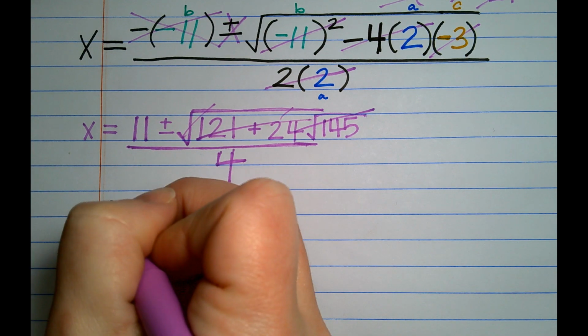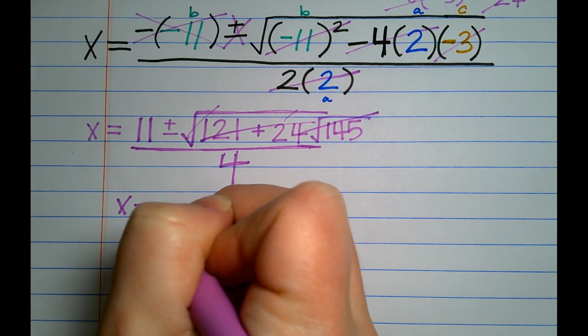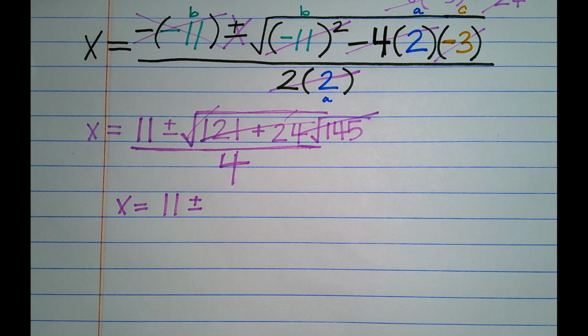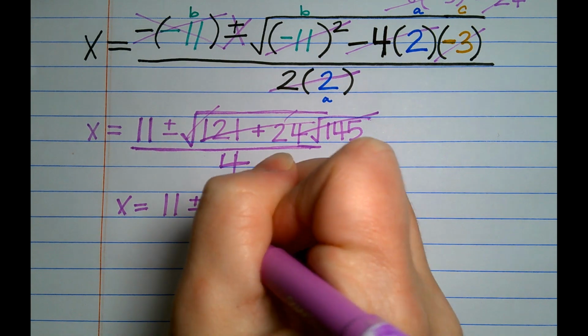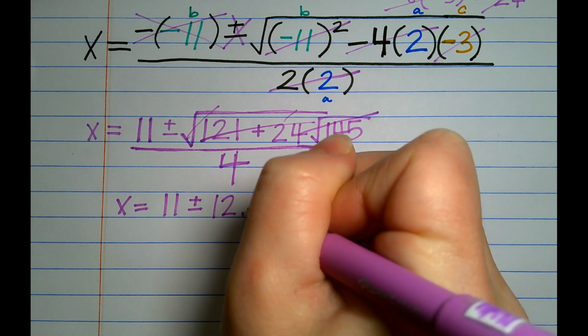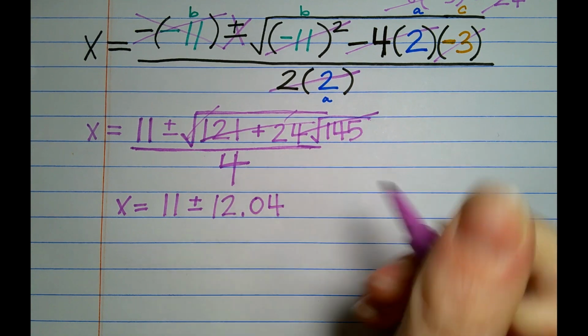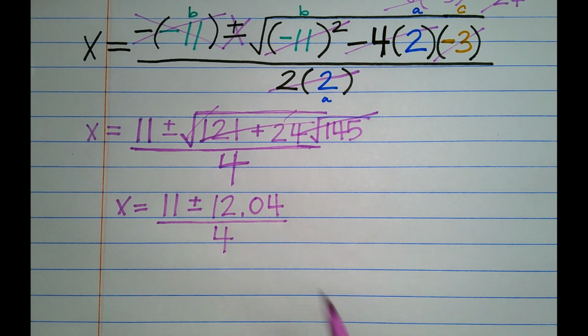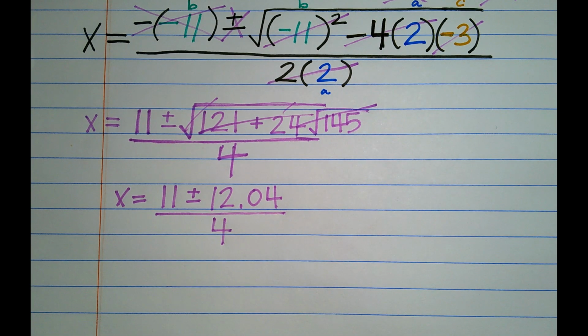And we'll rewrite it as x equals 11 plus or minus 12.04 divided by 4. And we're almost done.